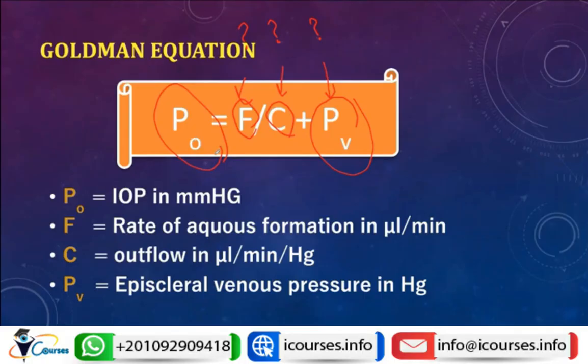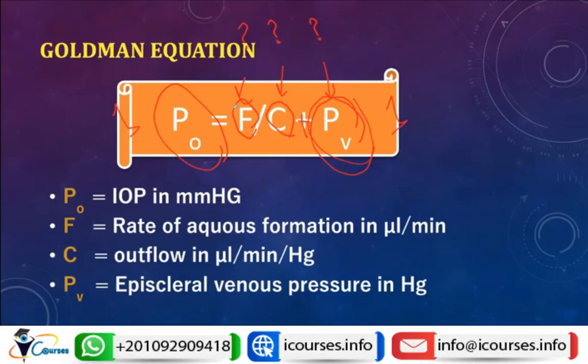But from this equation, what is the single most important factor affecting the intraocular pressure? Is it the episcleral venous pressure? Well, the answer is no, because there is a plus sign here, meaning that if the episcleral venous pressure increases by 1, the intraocular pressure will increase by 1. So it doesn't have a tremendous role.